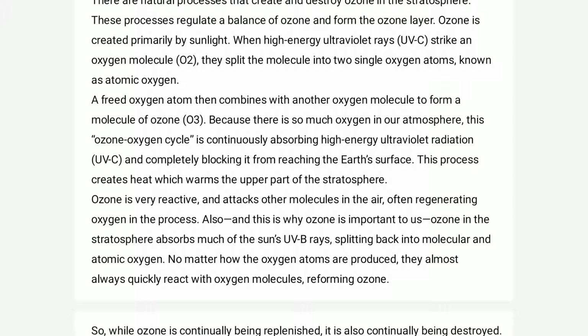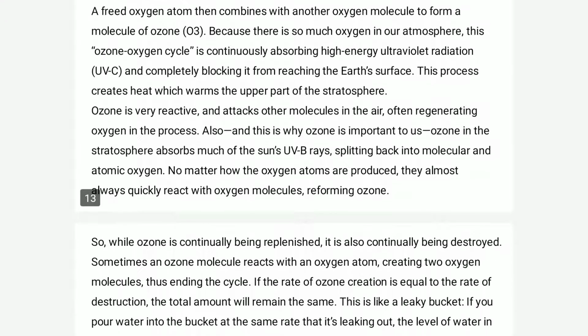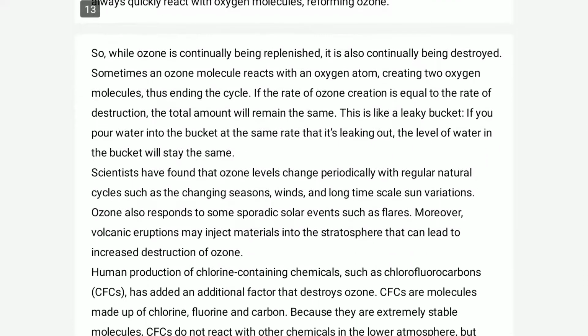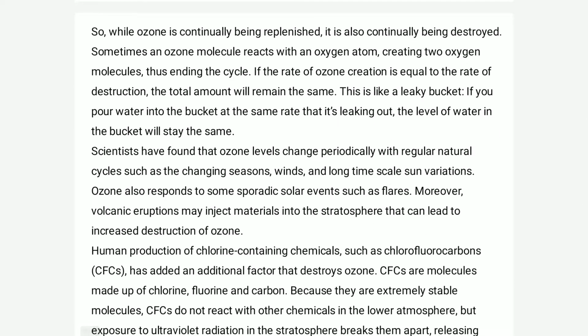No matter how the oxygen atom is produced, it almost quickly reacts with oxygen molecules, forming ozone. So while ozone is continuously being replenished, it is also continuously being destroyed. Sometimes an ozone molecule reacts with an oxygen atom, creating two oxygen molecules, thus ending the cycle.